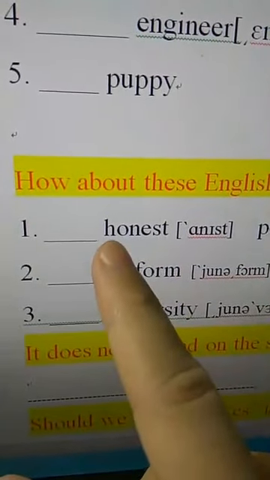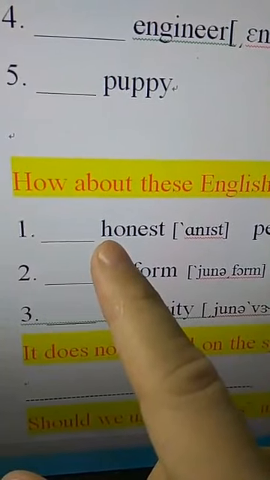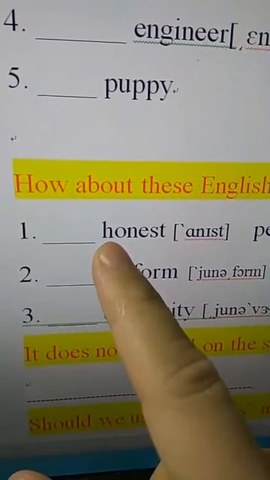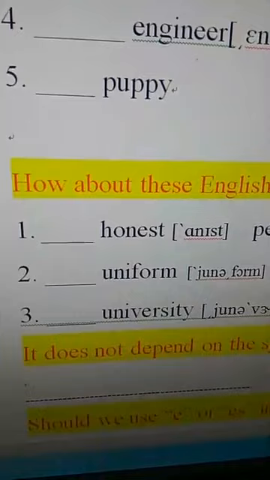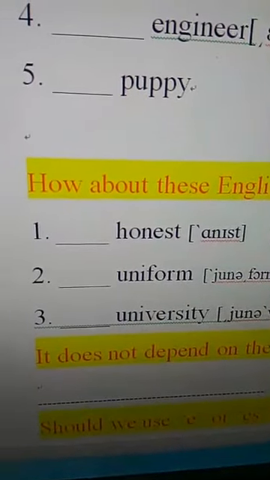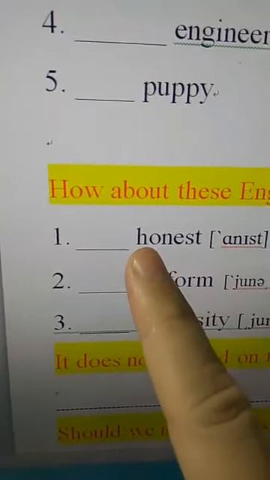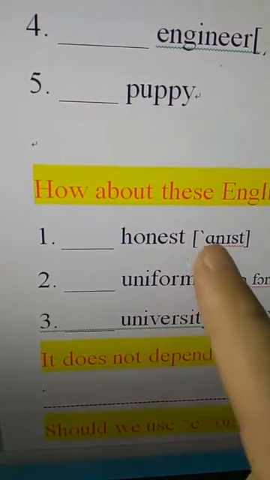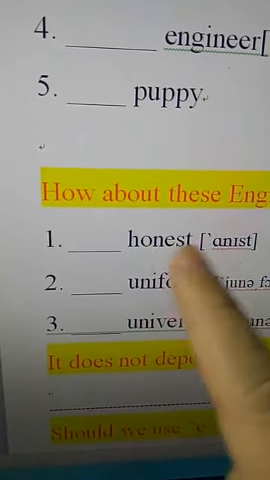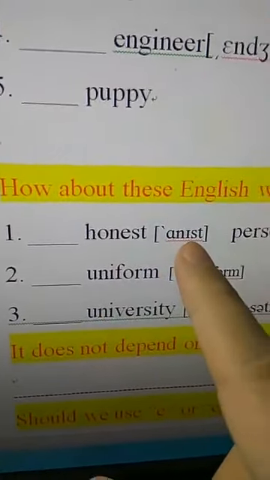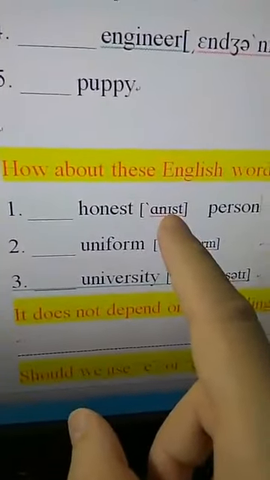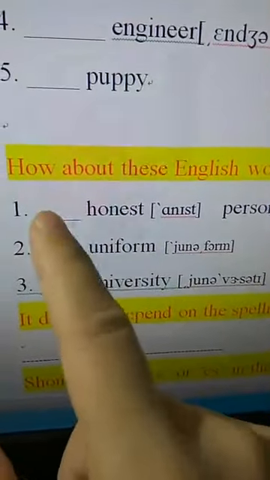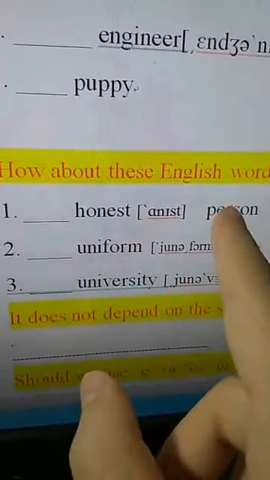Because this letter H is voiceless. We don't pronounce the letter H, so the pronunciation should be honest. Okay, so the answer of it is an honest person.